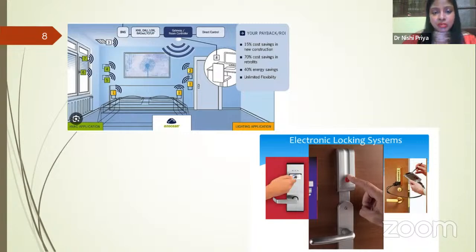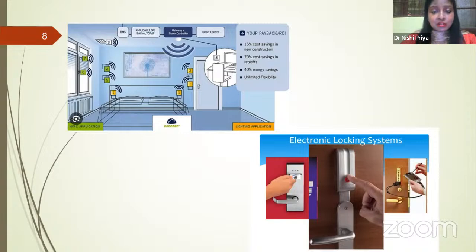That is done with the help of EMS. So whenever you have that kind of energy management system, you have a remote or mobile-based functions where you can switch your fan on, open your curtain, or switch off your lights through your mobile.